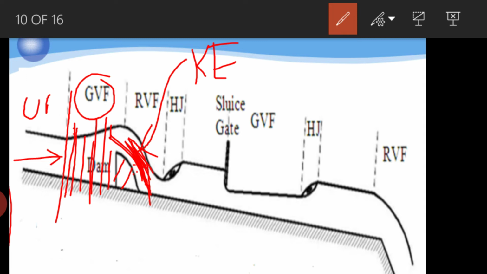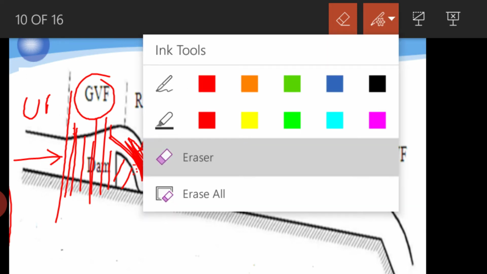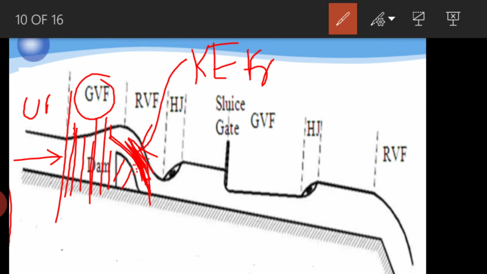At this particular flow, where the kinetic energy is very high, the Froude number will be greater than 1. If the Froude number is greater than 1, the condition of flow is supercritical.